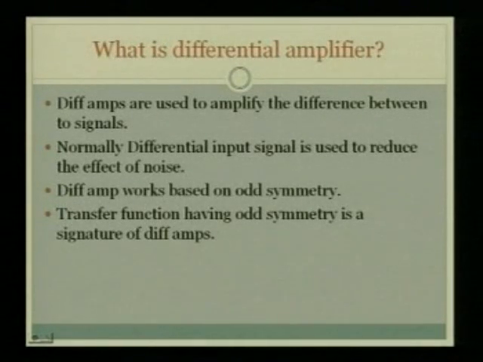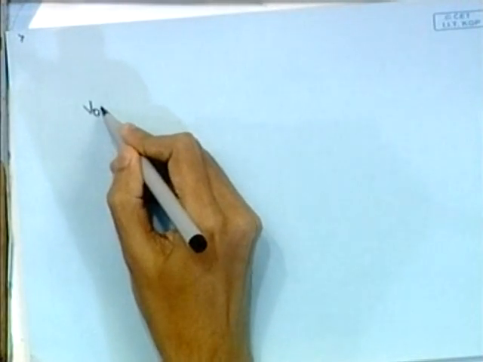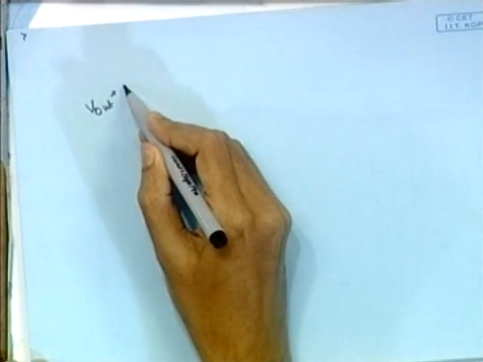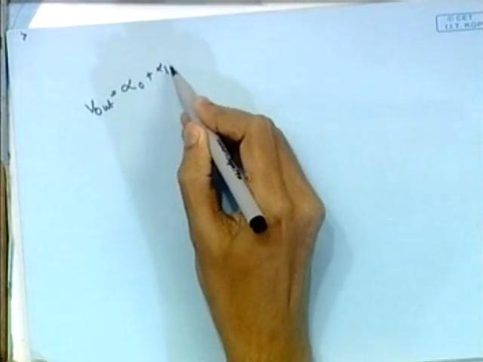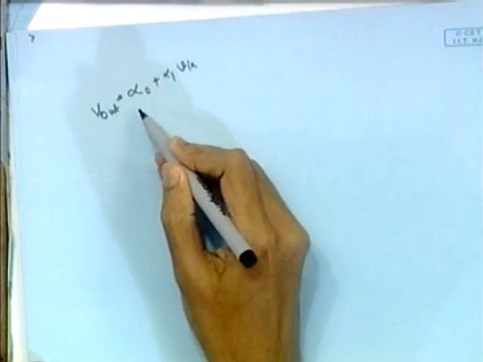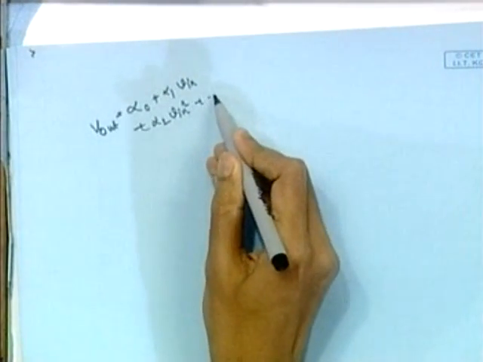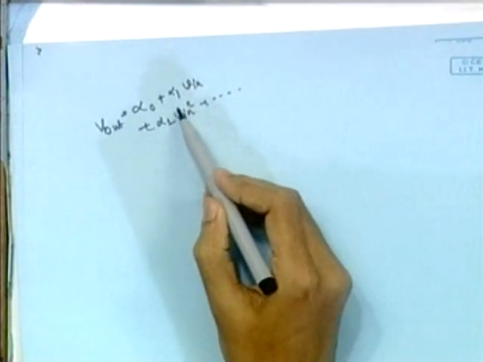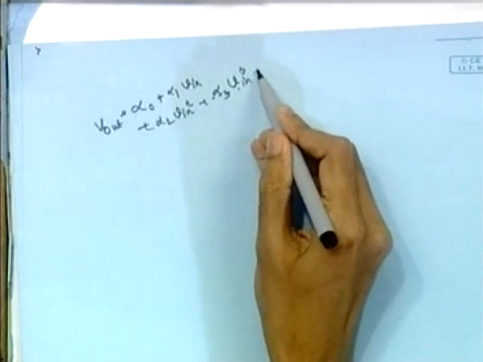Odd function means we can write V out of any system as a series of polynomial terms: alpha 1 V in, alpha 2 V in squared, alpha 3 V in cubed, and so on.